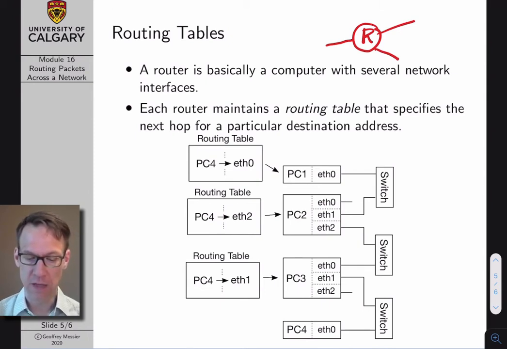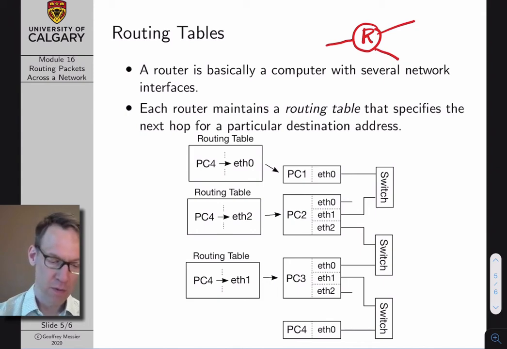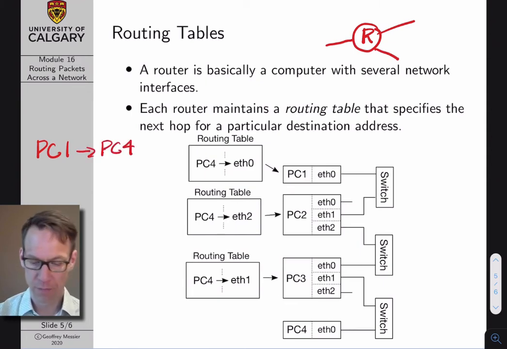Each one of these Ethernet cards is connected to an Ethernet switch, and so we have 3 Ethernet switches. And personal computer 1, PC1, wants to send a packet to personal computer 4.